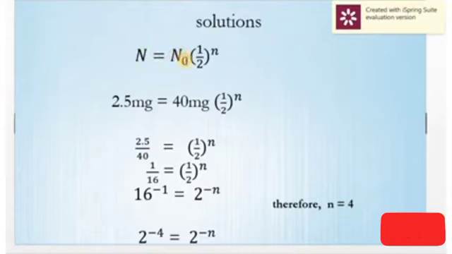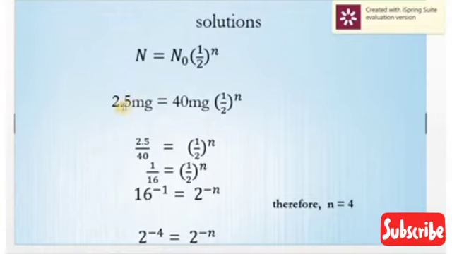Then N0 is the amount we had at the beginning of the 40 minutes. So when time is 0, what amount did we have? This is the initial amount, and then we have half there and letter n as the power or index. Now letter n stands for the number of half-lives.